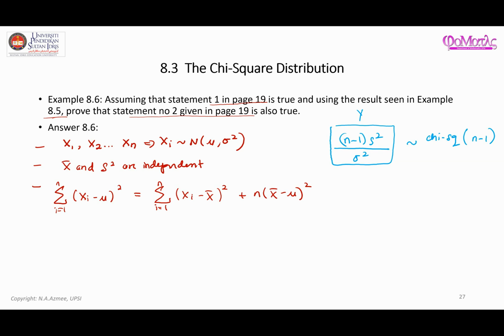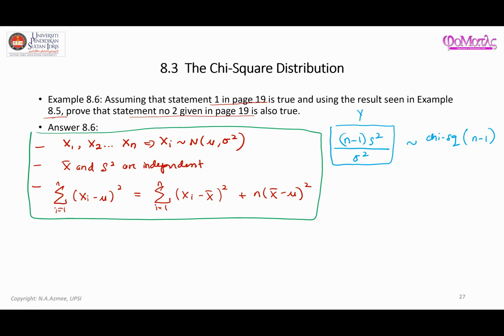Right, so how are we going to start this off? Well, we're going to start by writing down what (n minus 1) S squared over sigma squared is.